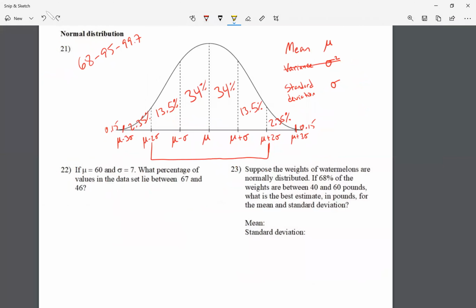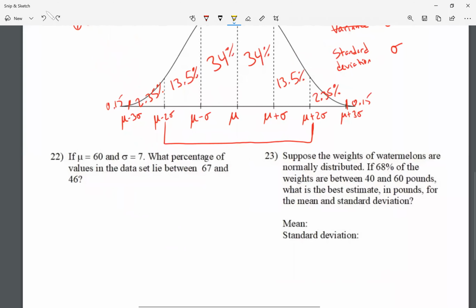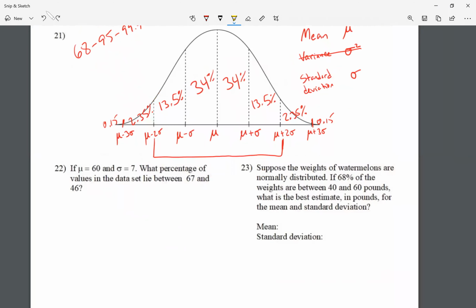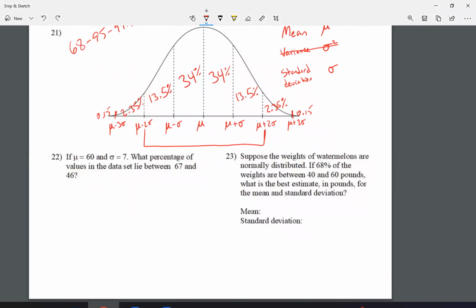So if the mean, that Greek letter mu, is 60 and the standard deviation is 7, what percentage of values in the data set lie between 67 and 46? Imagine I have a normal distribution here.